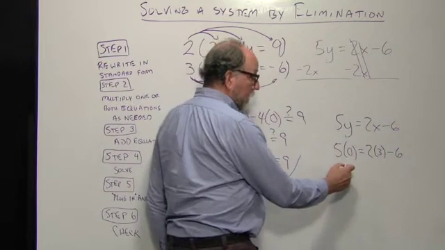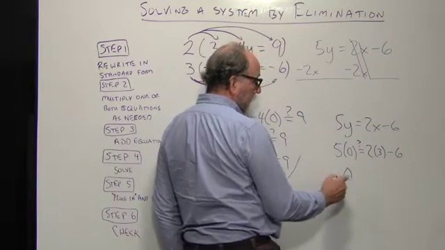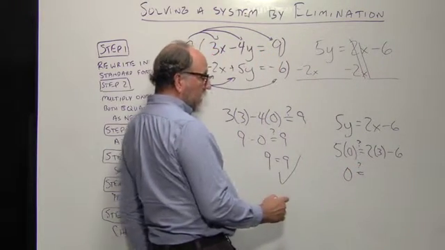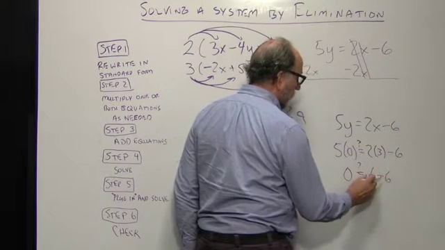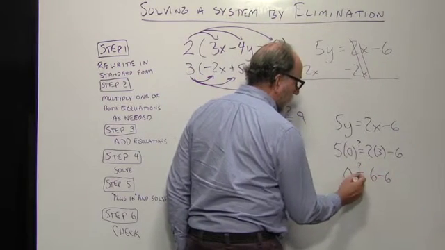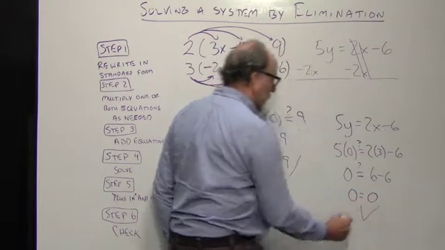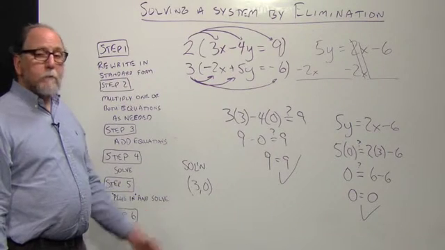And this 5 times 0 is 0. Oh, we should put a question mark there because we're not sure yet. And a question mark on that equal sign too because we're checking whether 6 minus 6 equals 0. But it does. 6 minus 6 we know is 0. So 0 equals 0 is my result, and that checks as well. So there you have it.